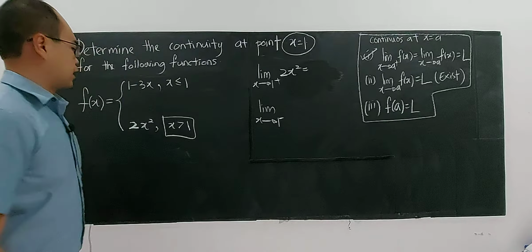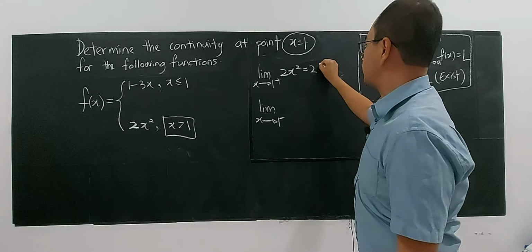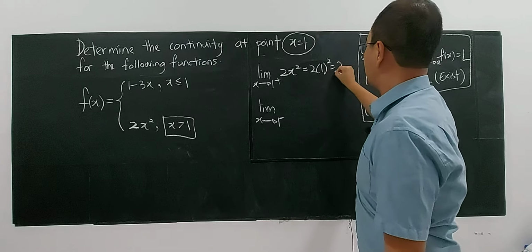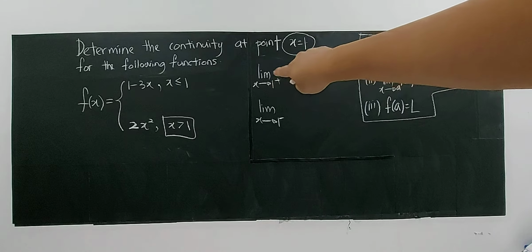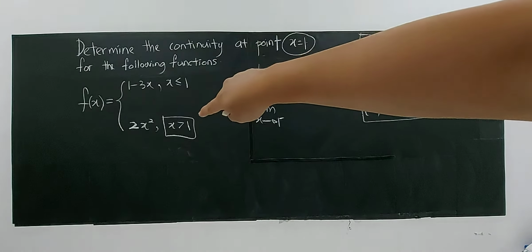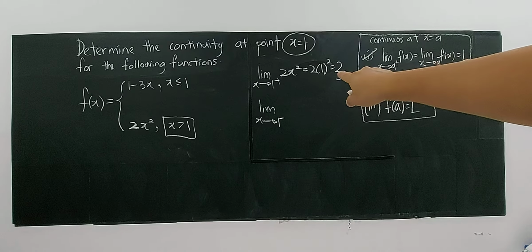So I have 2 times 1 to the power of 2, so you have 2. Correct. 1 plus means from the right, so greater than 1. So you choose 2x squared. That's why you're getting 2.